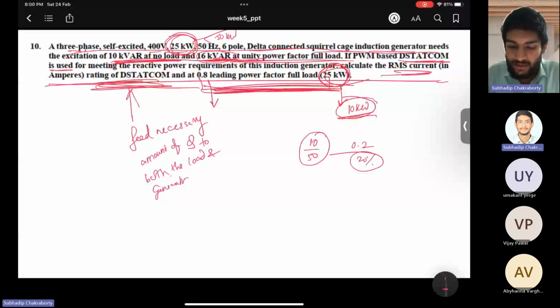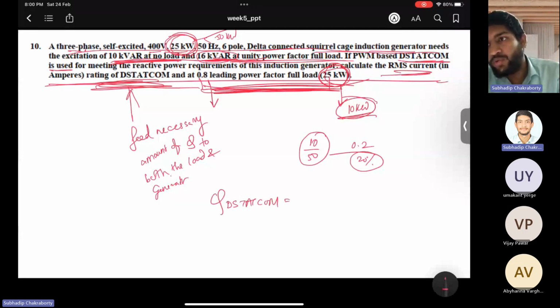Understood? So Q DSTATCOM should be the sum of two reactive powers. The role of the DSTATCOM is to inject reactive power. So if your load takes reactive power, then it is plus. I told you at the very beginning, in week 1 and week 2 also, a source is built to supply and a load is there to absorb.